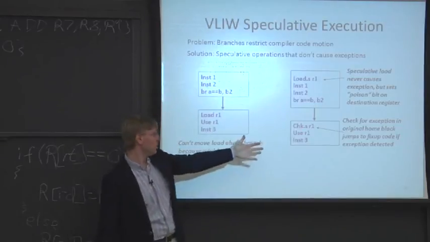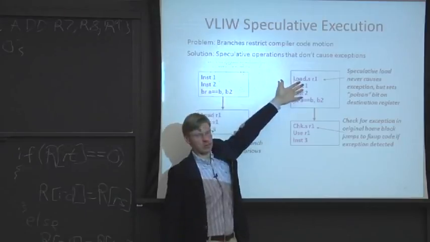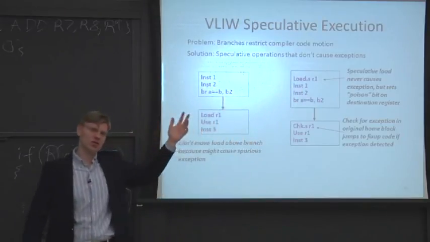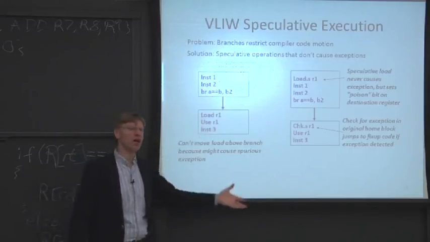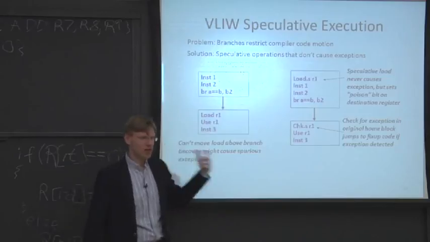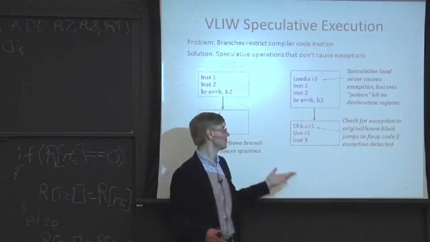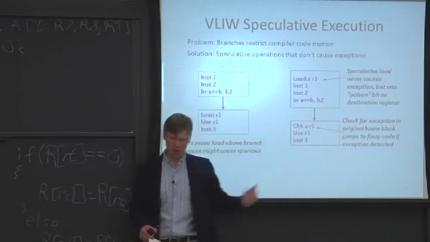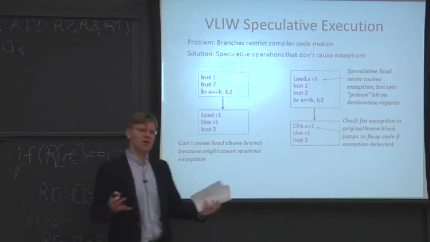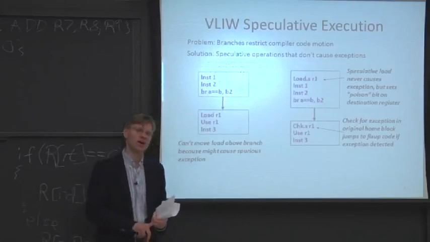OK, so why is this propagation of not a numbers important? Well, this allows you to pull code down here up and above this branch also. So we can pull the load up, we can pull dependent instructions up, and then just as long as we do the check at some point, and check to make sure that the load didn't take an exception or have a problem, we can basically speculate that the load is fine. We can speculate that the instructions dependent on the load are going to be fine.